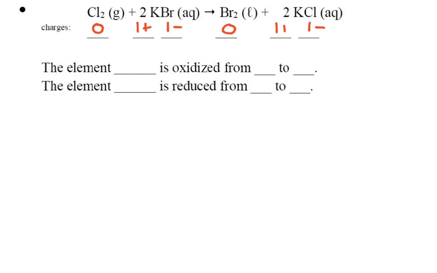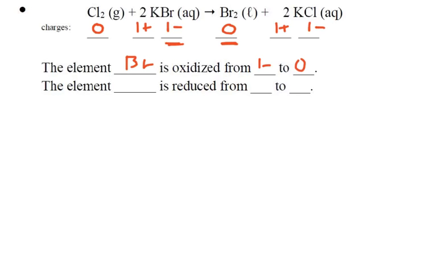Everybody in the first column, in their compounds, always forms 1 plus. So who's getting oxidized? Somebody's number is going up, and it's not potassium. It must be the Br going from -1 to 0. So from 1 minus to 0, bromine is being oxidized.